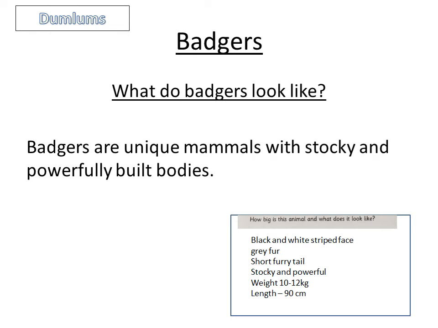I've got my title and I've got my subheading. Let's read the first sentence. Badgers are unique mammals with stocky and powerfully built bodies. I've taken this information from my plan: that they are mammals and the shape of their bodies. For this part, you might want to introduce what type of animal your creature is.